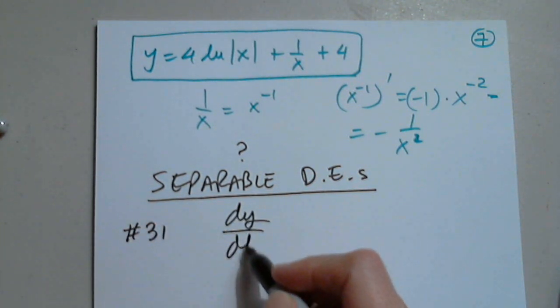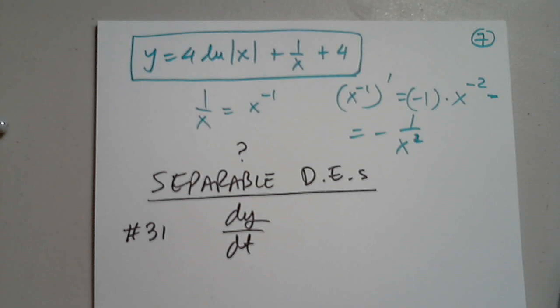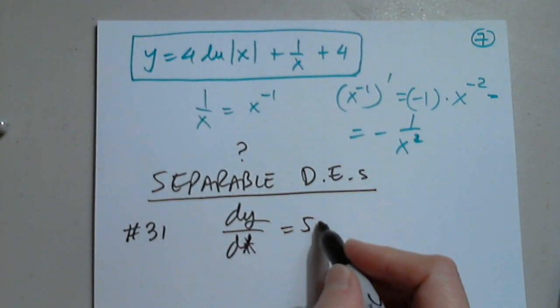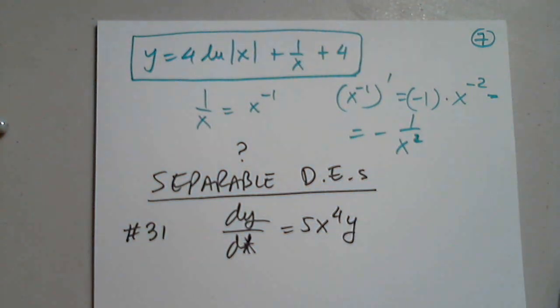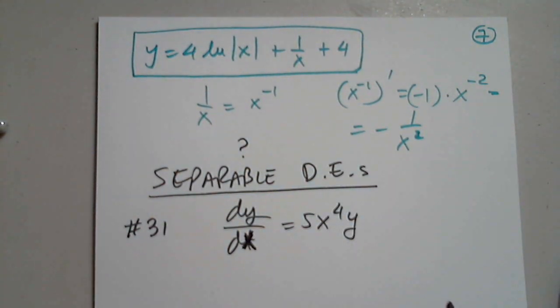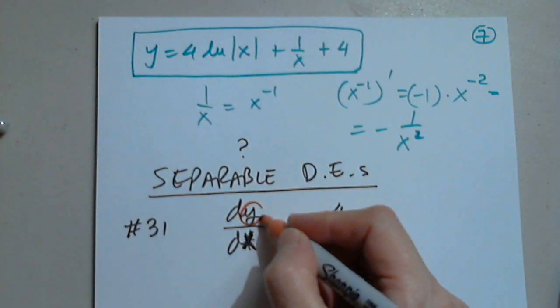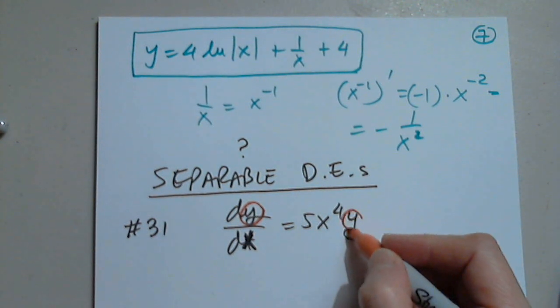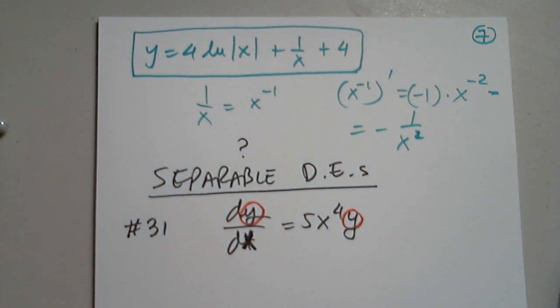dy over dx, sorry, equals 5x to the 4th y. Okay. So, see, there are basically two variables here. This is one, and this is the other.